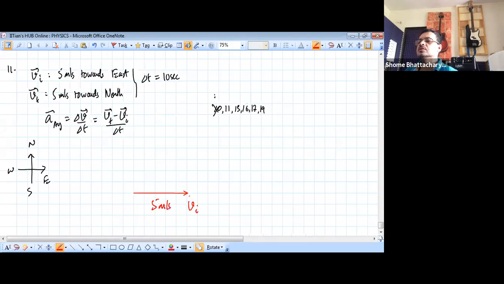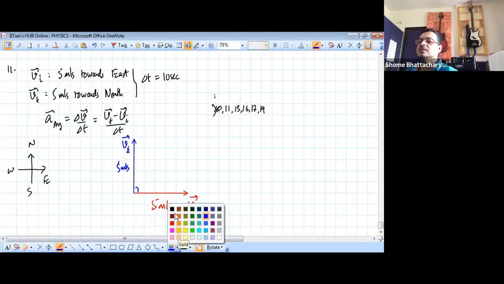So this is my initial velocity vector. Similarly, my final velocity vector will become which one is pointing northwards, but of same magnitude. So 5 meters per second pointing northwards. This is my final velocity. So now I have to find out delta V, which is the difference of these two.